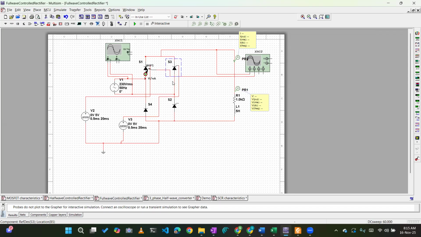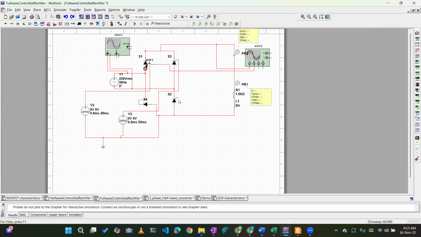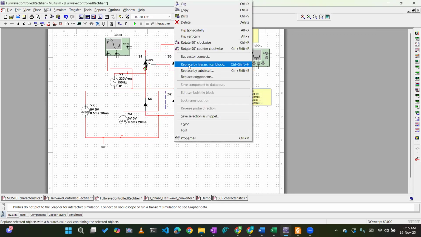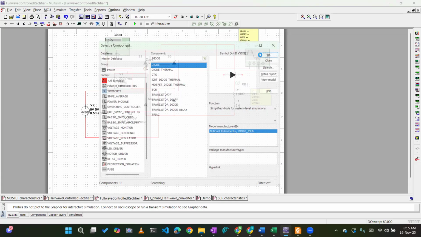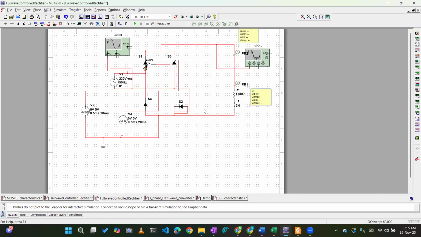This is an asymmetrical configuration. So, okay, I did one thing wrong here. No, nothing wrong with this one. Fine. This should also be replaced by a diode. Okay, control R, select control R.